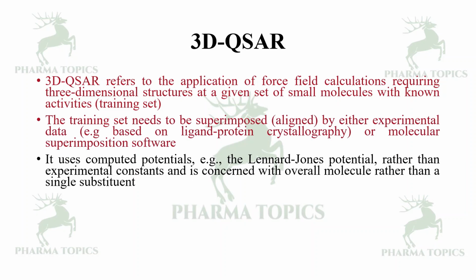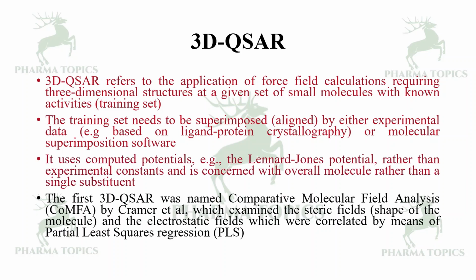It uses computed potentials such as the Lennard-Jones potential rather than experimental constants, and is concerned with the overall molecule rather than the single substituent. The first 3D QSAR was named Comparative Molecular Field Analysis, that is CoMFA, by Kramer et al., which examined the steric fields, the shape of the molecule, and the electrostatic fields, which were correlated by means of partial least squares regression.